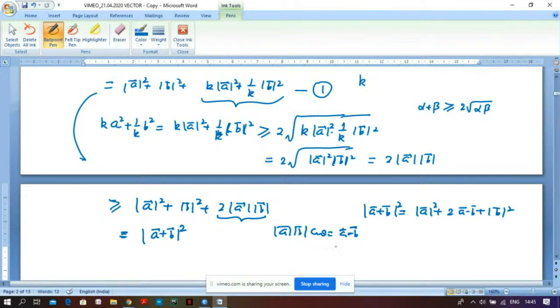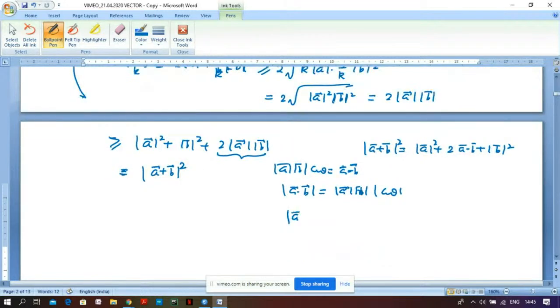So if I take mod on both sides, modulus of a dot b is modulus a times modulus b times mod of cos theta, so many mods. And so modulus of a dot b is less than or equal to mod a times mod b, because mod of cos theta is less than or equal to 1.